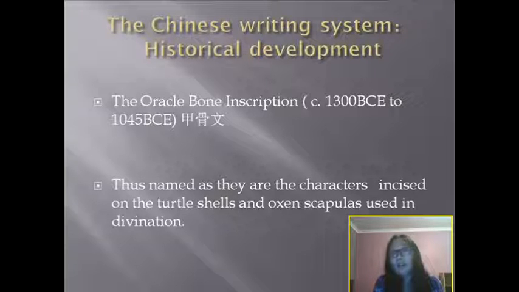The local people of Xiaotun village dug these bones out of the ground, and they thought that they were dragon bones and could be used as an ingredient for Chinese medicine.